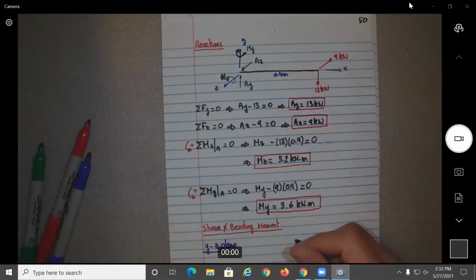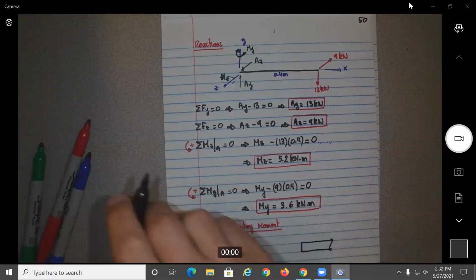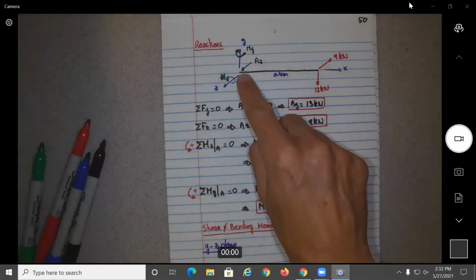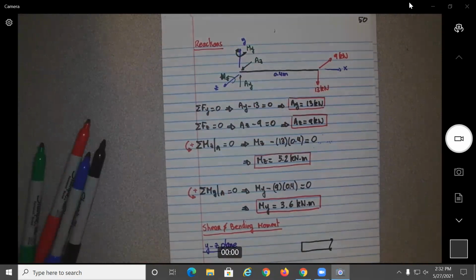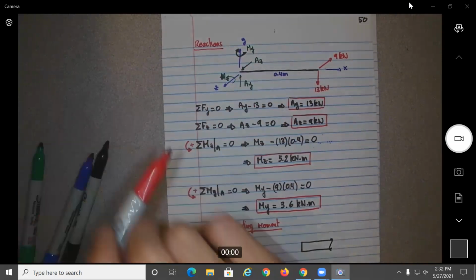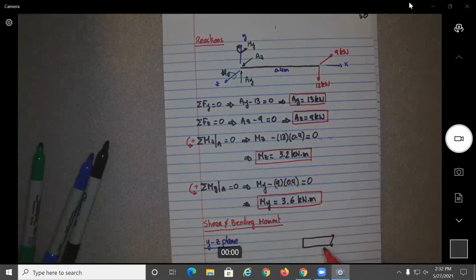So what does that mean? Which load am I looking at? On the yz-plane, you will have what? You will have the A sub y that we calculated to be equal to 13.